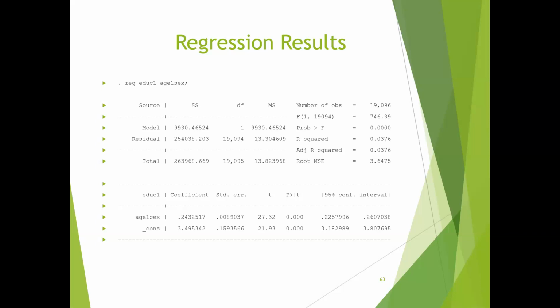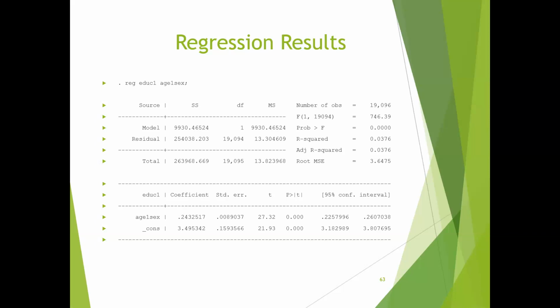It is the value of the dependent variable when the independent variable is 0. In this case, when age at first sex is 0. Now, it's difficult to think of age at first sex being 0, but just forget about that. It's just saying when that value is 0, that's the expected years of completed education.